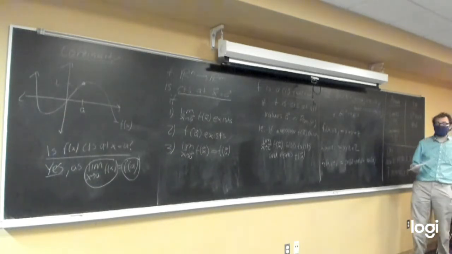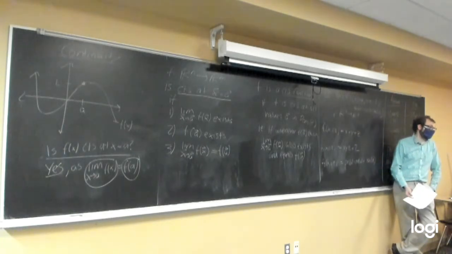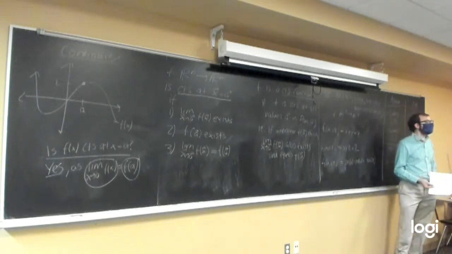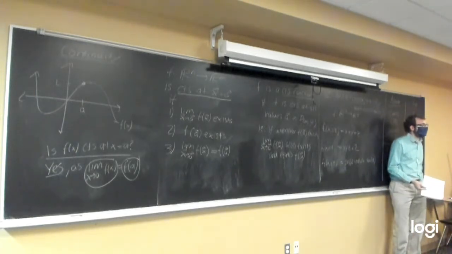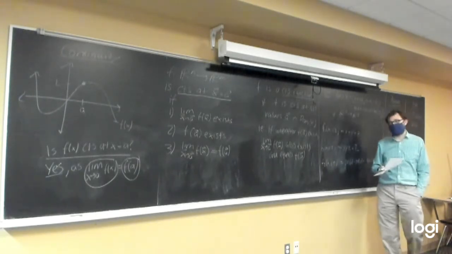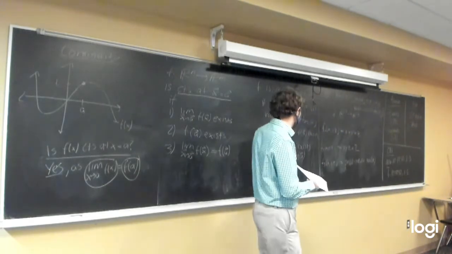So let's see if we can determine whether or not each one of these 3 functions is continuous. How about f1 to start? f1 takes in 3 variables, an x, a y, and a z, and just spits out the sum of all 3 of those input coordinates. f1 of x, y, z is x plus y plus z.